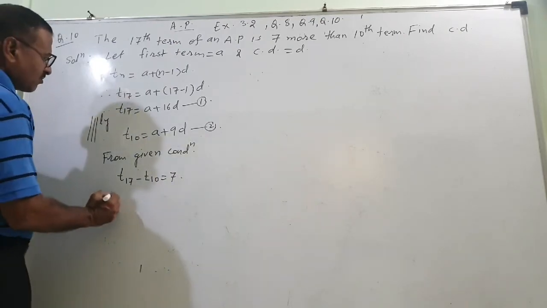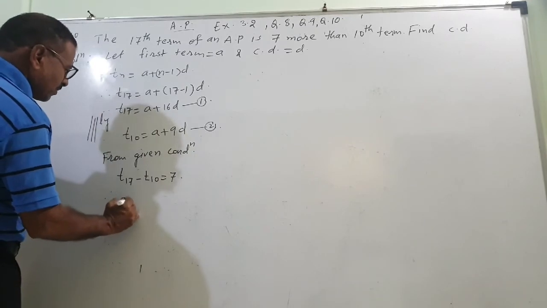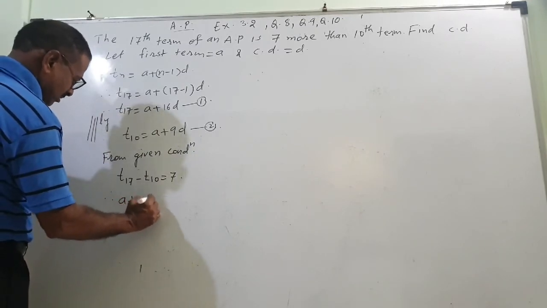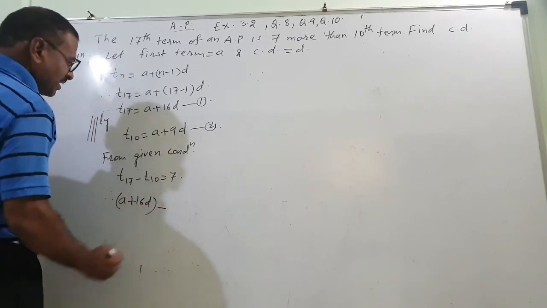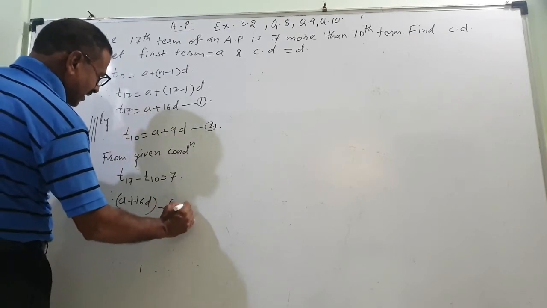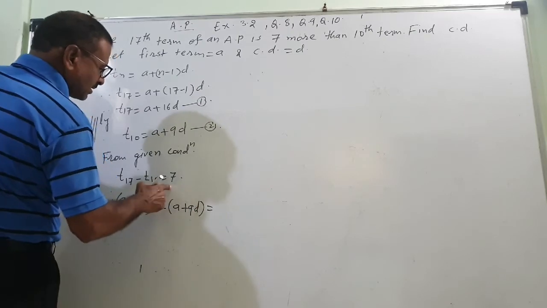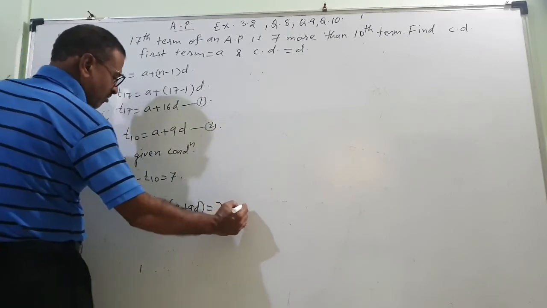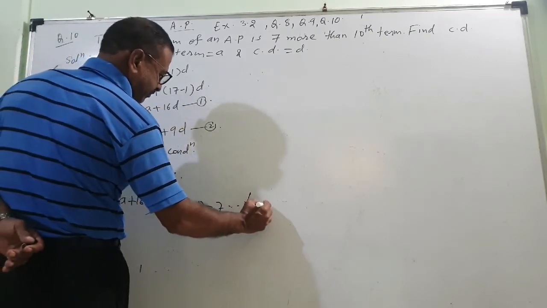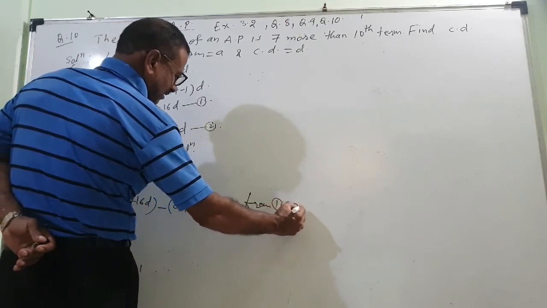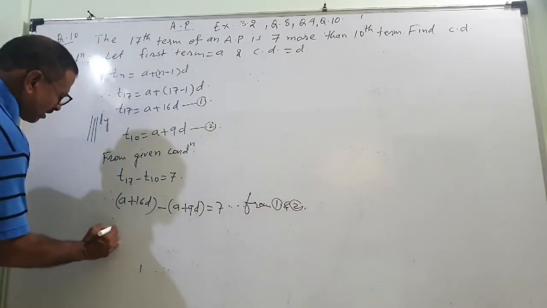Therefore, T17 is A plus 16D, minus T10, which is A plus 9D, is equal to 7. From where have you taken these? From 1 and 2. Therefore, open the bracket.